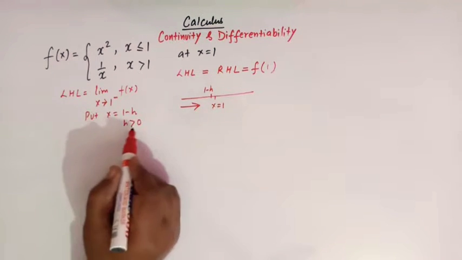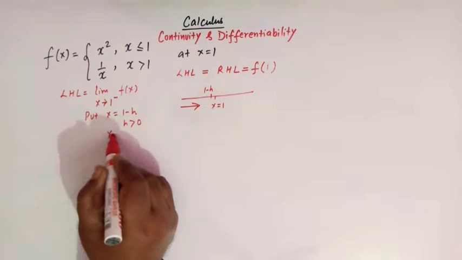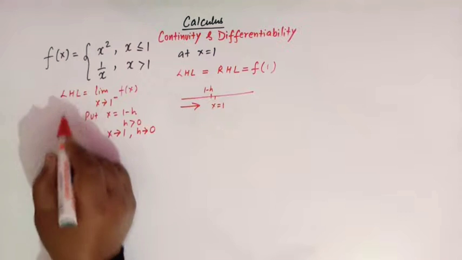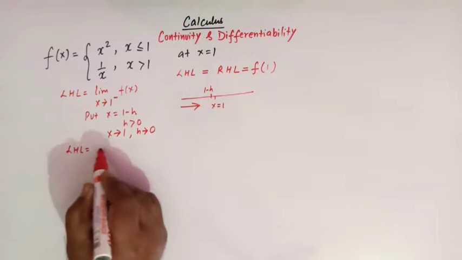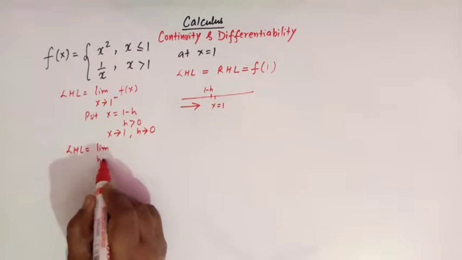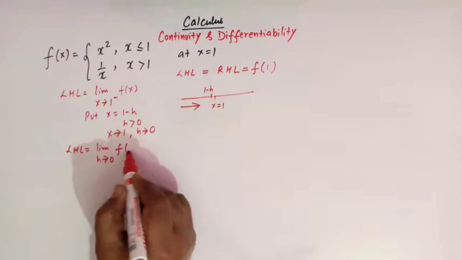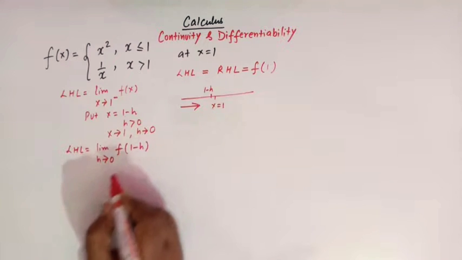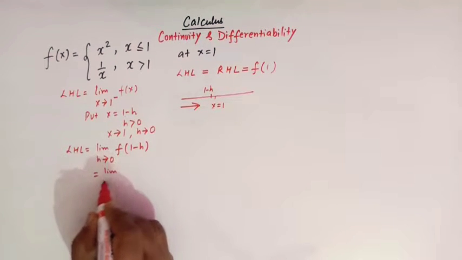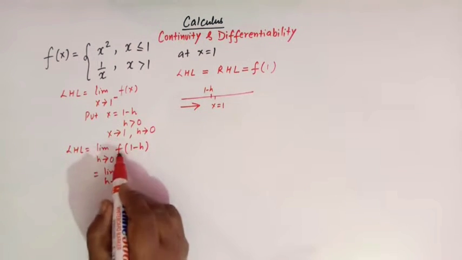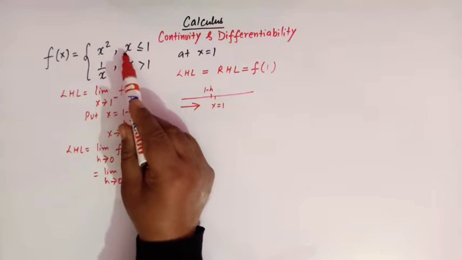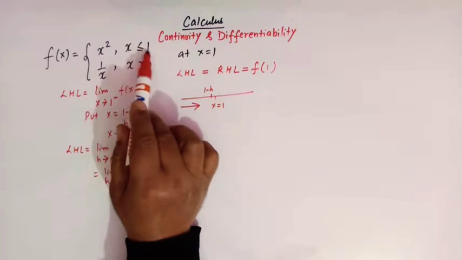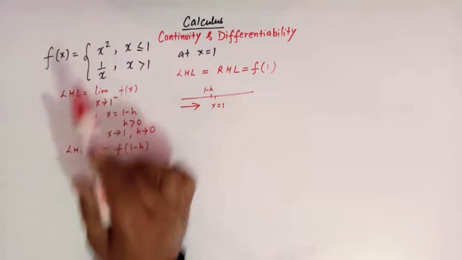Now when x tends to 1, h tends to 0. So the left hand limit is equal to limit h tends to 0 f of 1 minus h. We see that for the values of x which are less than 1, the function is defined as x square.